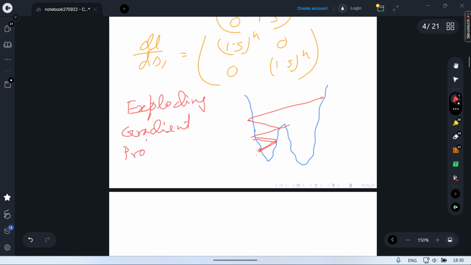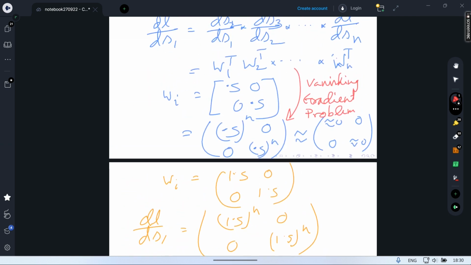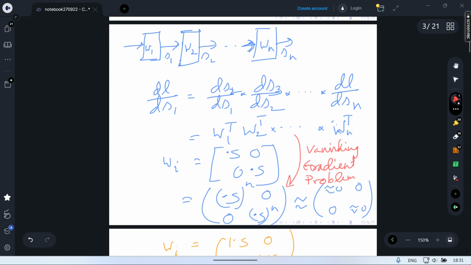Either the vanishing or exploding gradient problem is not good for proper training of a deep neural network, and for a very deep neural network, this kind of problem might occur.